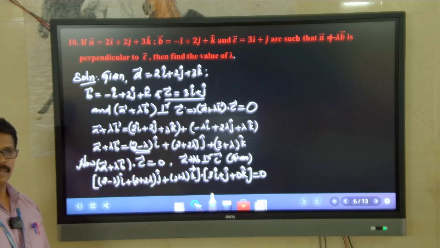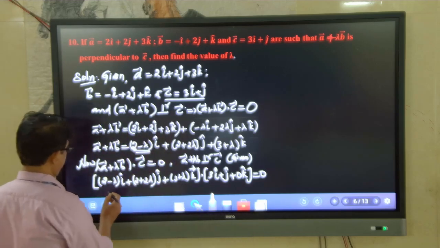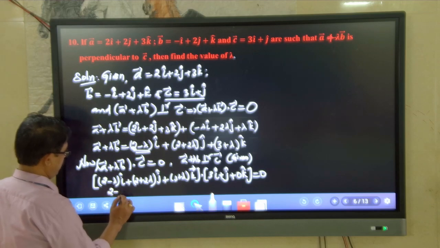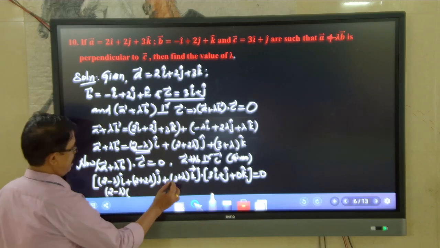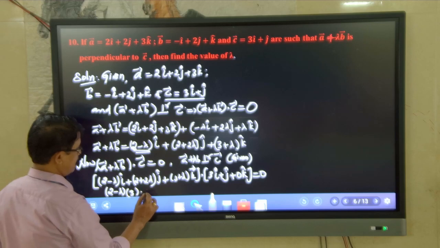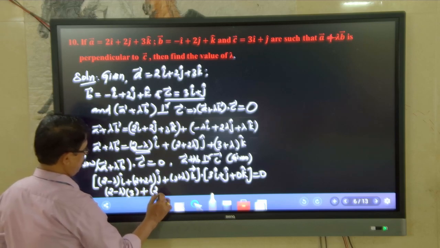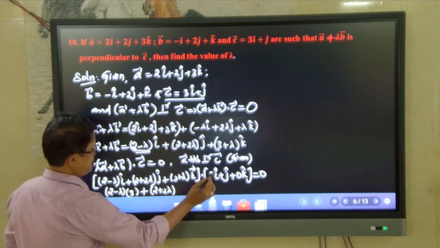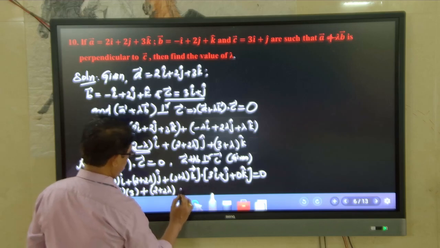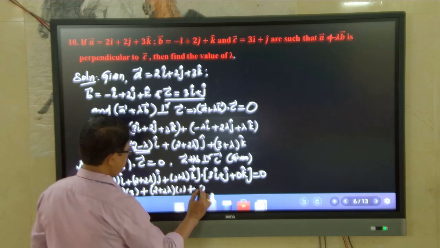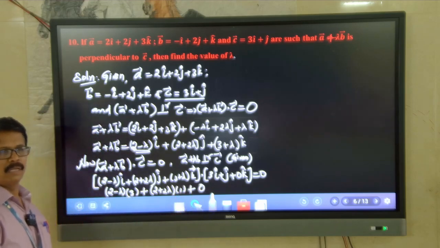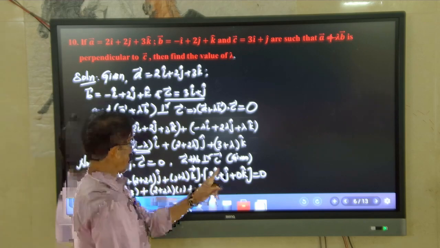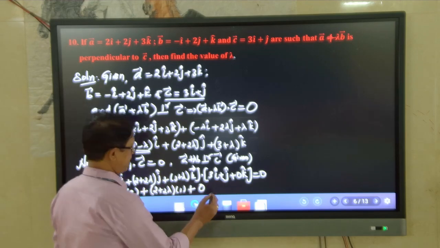Correct? Now multiply the coefficient (2 − λ) into 3, plus (2 + 2λ) into 1, correct? Plus 0, because 0 into (3 + λ) equals 0.